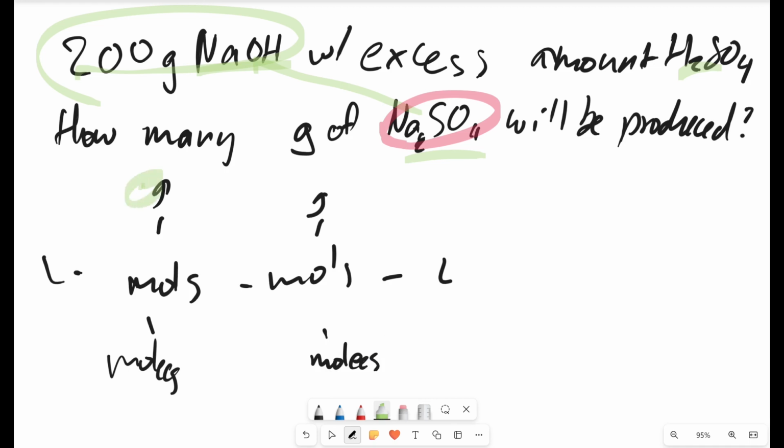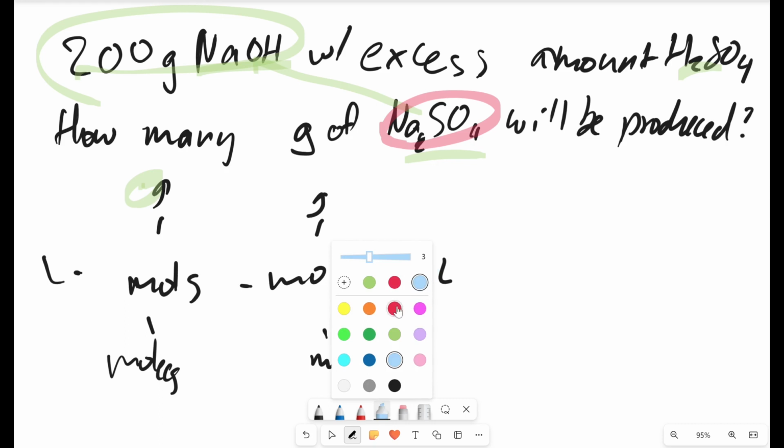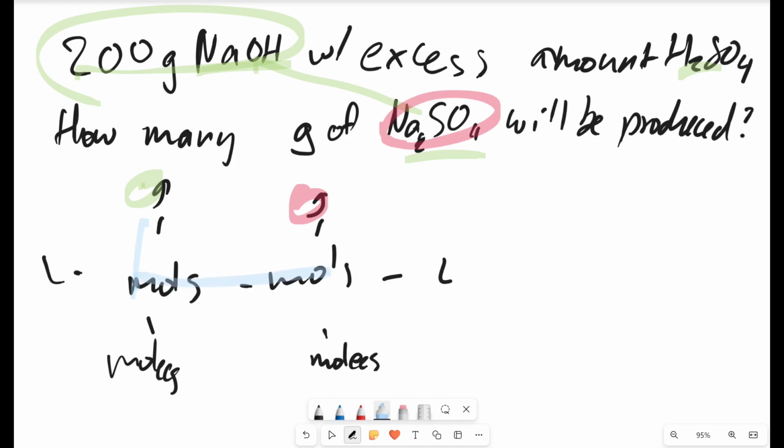We're starting with grams of chemical 1, and we end up at grams of chemical 2. In between, we have to go to moles, and then go to grams.